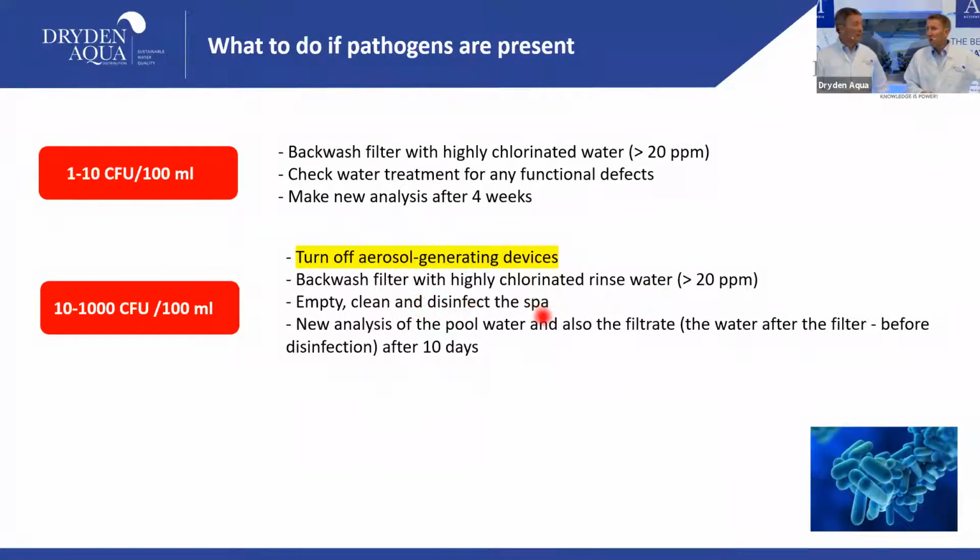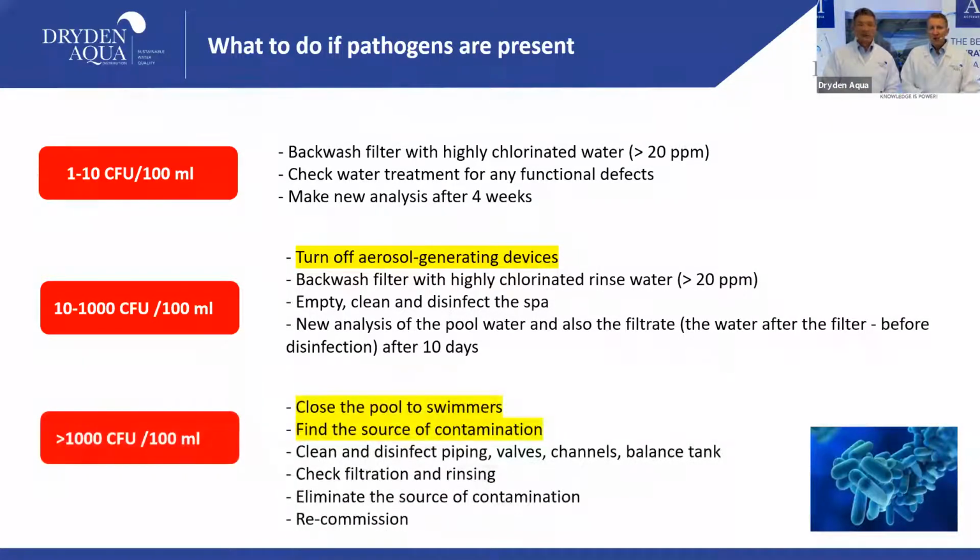If you have a spa, then you have to empty it, clean it, disinfect it, and then make a new analysis after 10 days, from the pool water as well as from the filtrate. Filtrate is the water just after the filter before oxidation, and that after 10 days. And then if your concentration is super high, over 1,000 CFU, then they close your pool.